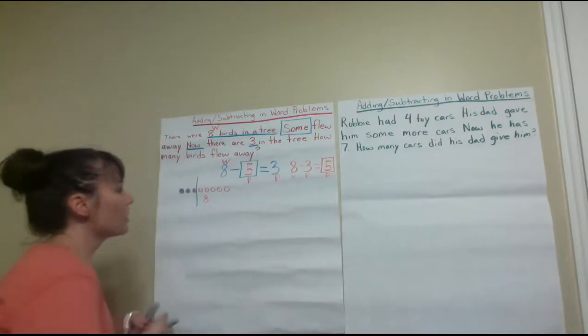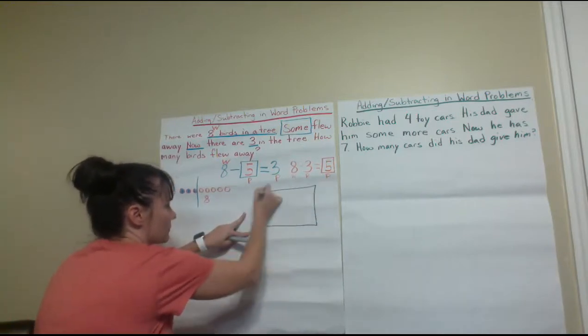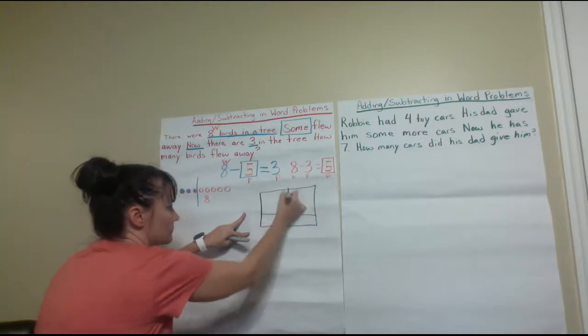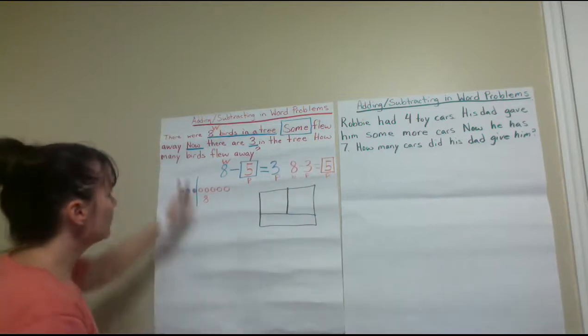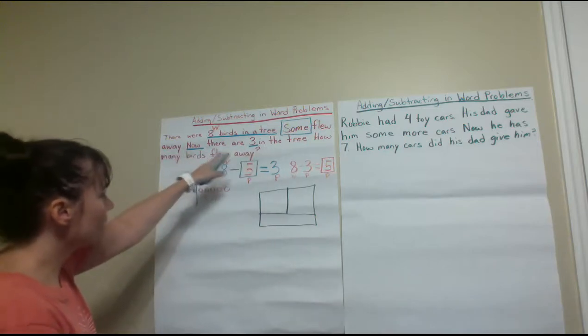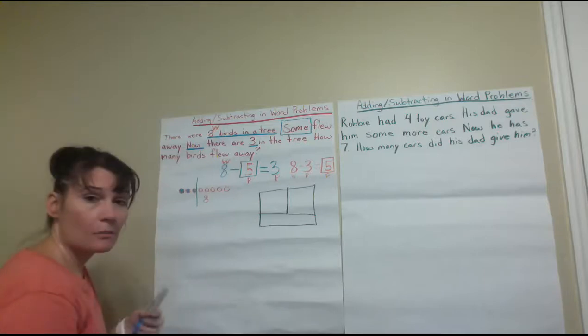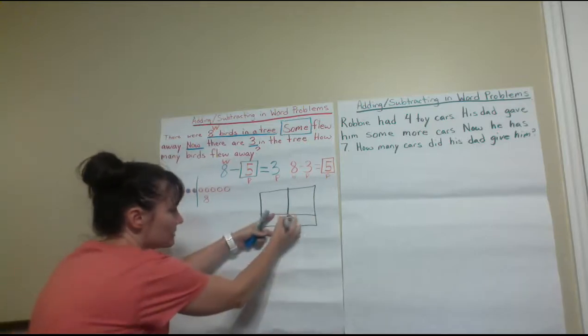We said in a part-part-whole math, what is my whole in this problem? There were 8 birds in the tree, some flew away, now there are 3. My whole must be 8 because that tells me how many birds I have.